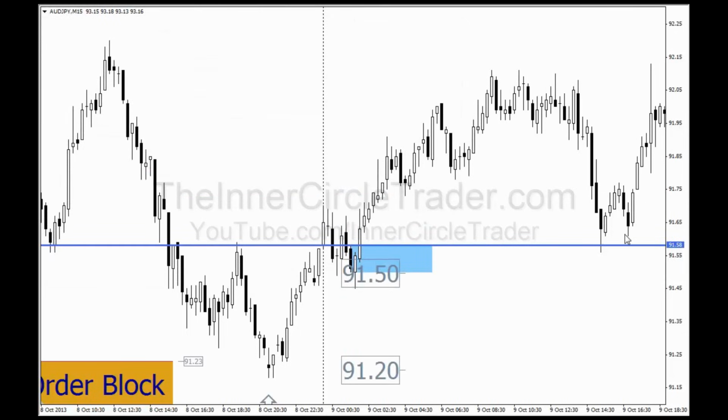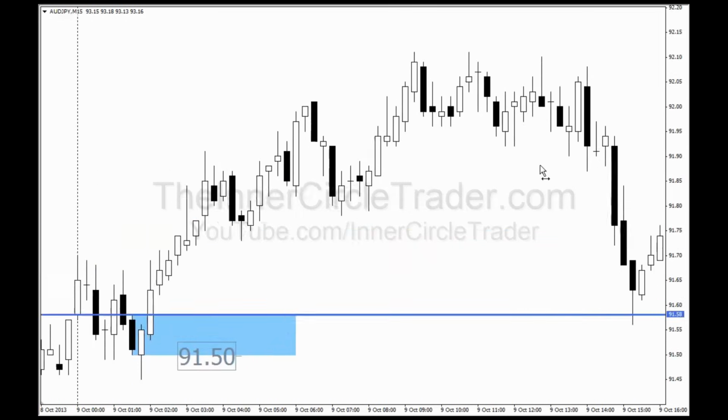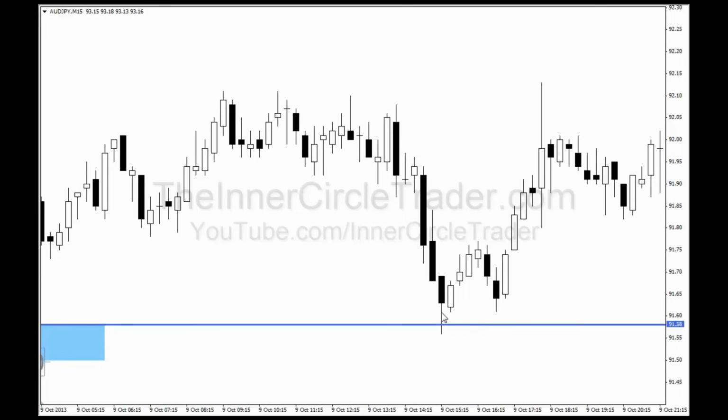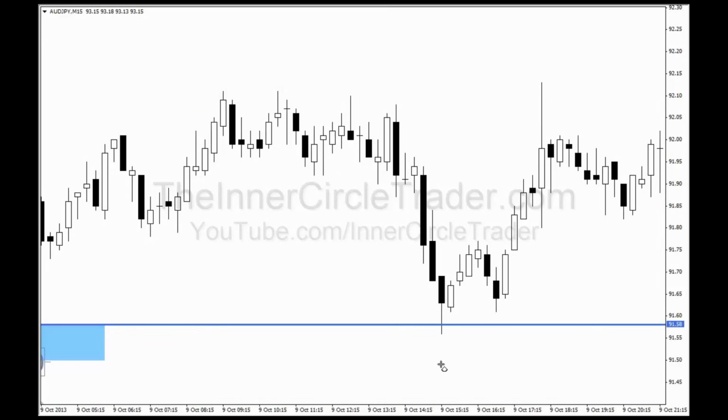Okay. Now, let's zoom in. I want to give you that as an example right in here. This is that same little consolidation we just worked with. Let's use our reference point 91.50 again.